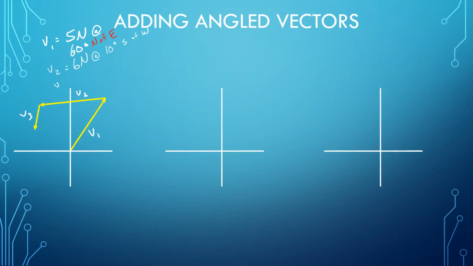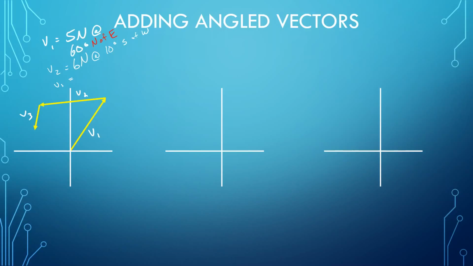And then we're going to say vector 3 is equal to, oops, sorry, this is the last slide. Let's make it different. 2 newtons at, let's do 75, no, let's do 85 degrees. Oh no, I changed my mind. Let's do 5 degrees.